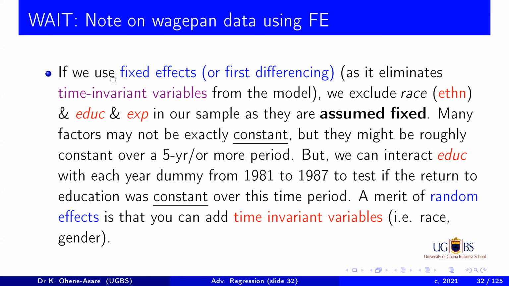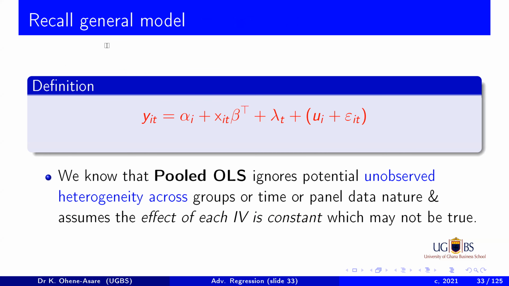And later on, you will learn about a random effect model, and you see that for that one, all the variables are added, whether it is fixed, constant or varying. But in a fixed effect model, only the varying variables are included.